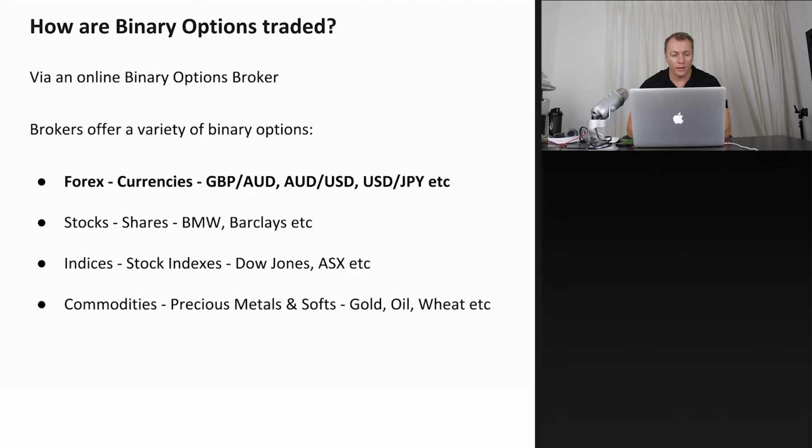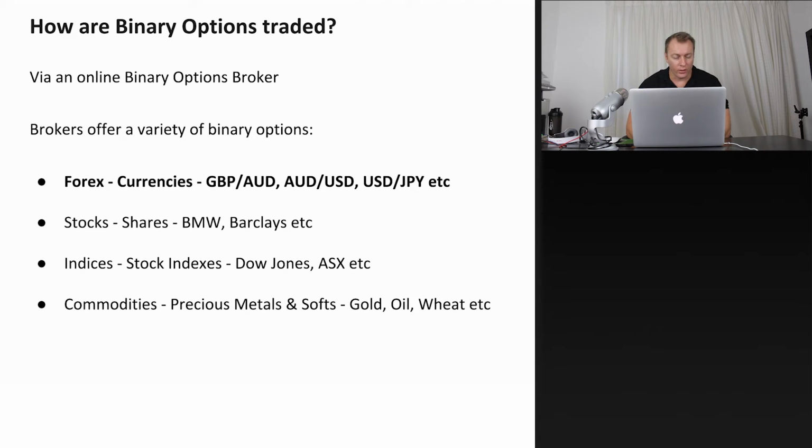There's Forex, which are currencies, typically Forex pairs. For example, you'll have Forex pairs such as the British pound, the Australian dollar, the US dollar and the yen. And there's quite a number of those.